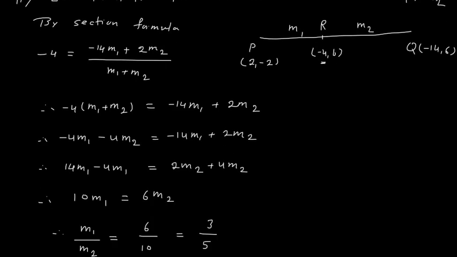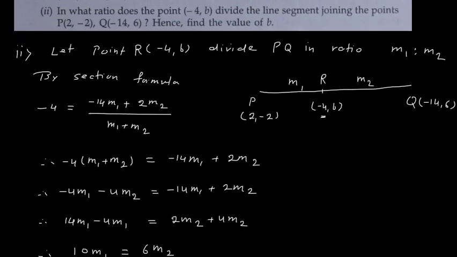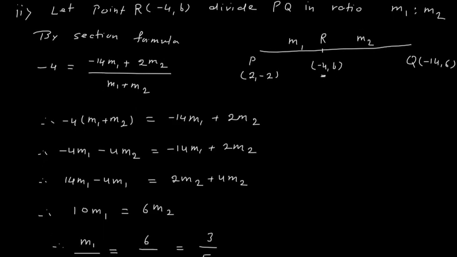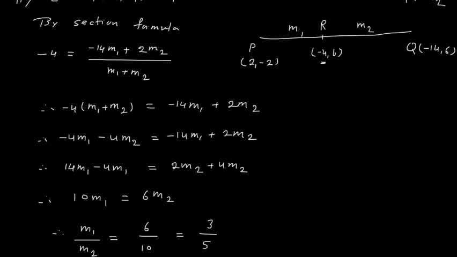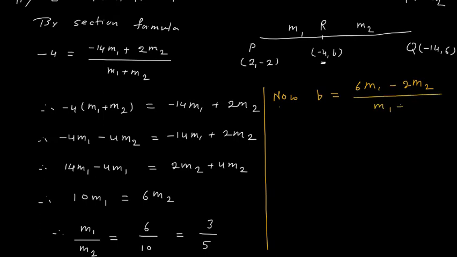Okay, so we have found the ratio by considering it as m1:m2. Once you get the values of m1, m2, you can find this b. So next, b is equal to, this is the y coordinate, so it is (6 m1 - 2 m2) divided by (m1 + m2).